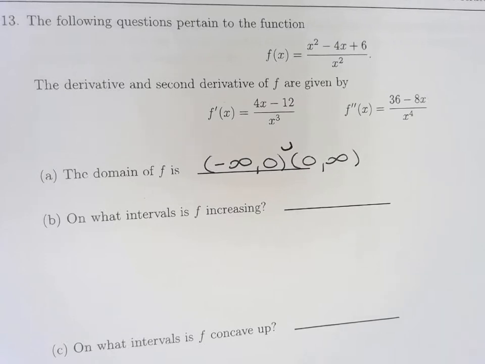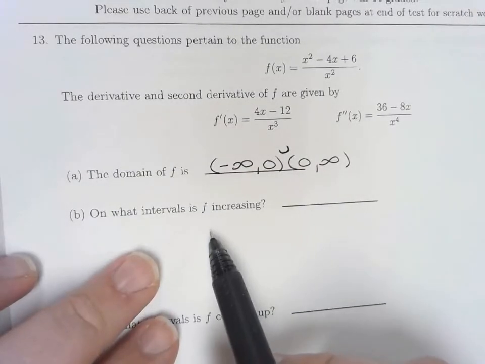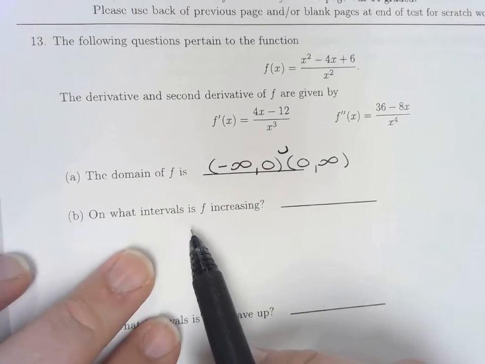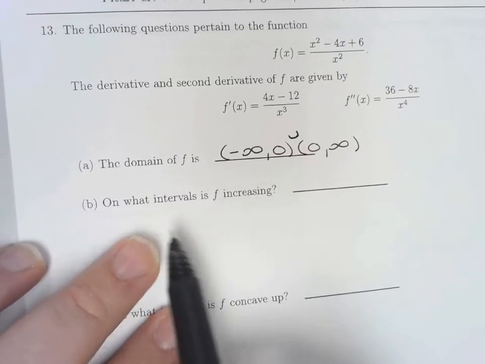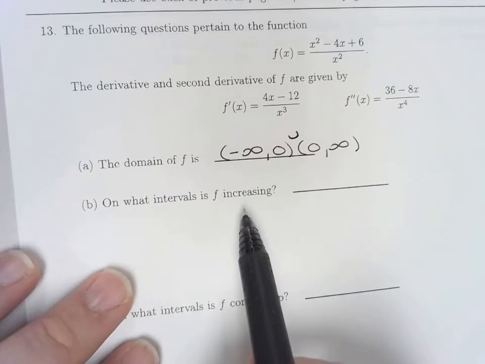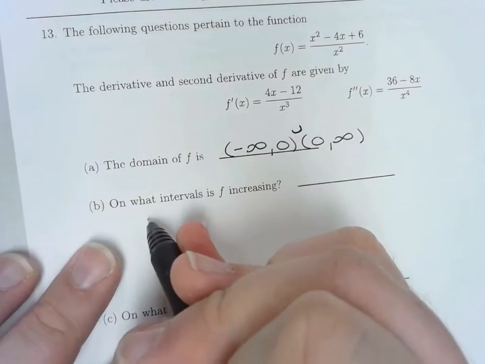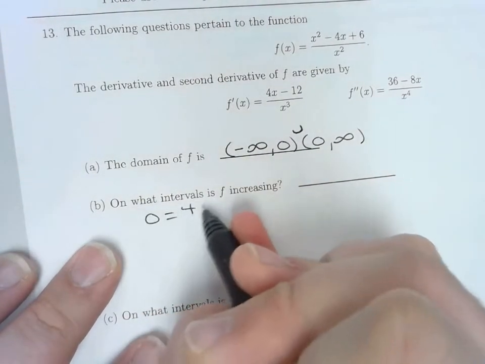On what intervals is f increasing? I think you just took the top. Yeah. So as I look at the intervals that f is increasing, decreasing, we need to find the critical points first and then split up the domain. So we're going to look at the first derivative equal to 0.